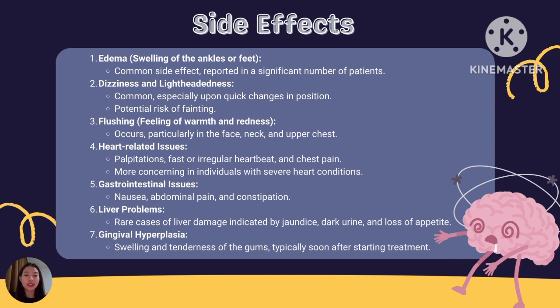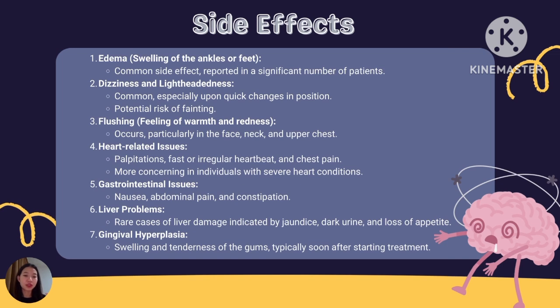So, swelling of the ankles or feet, and this is one of the most frequently reported side effects, occurring in a significant number of patients. And the next is dizziness and lightheadedness. These symptoms are common, especially when standing up quickly from a lying or sitting position, which can lead to fainting.